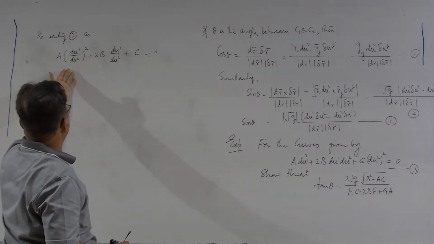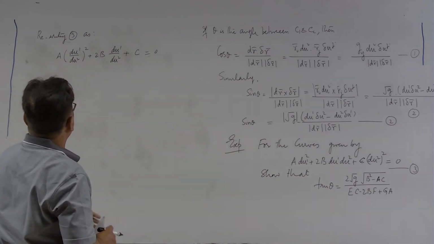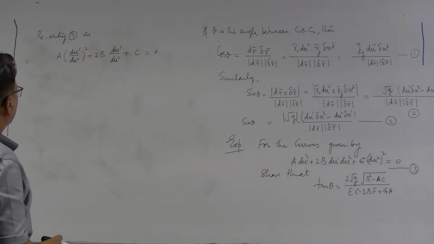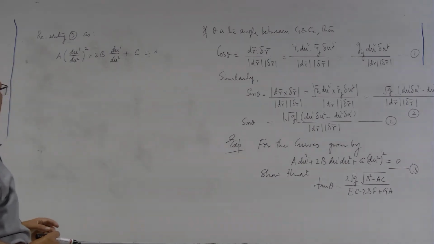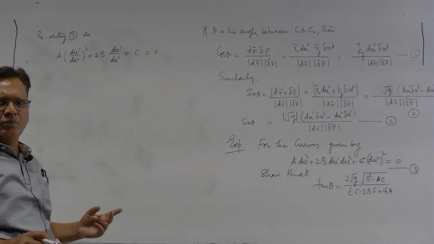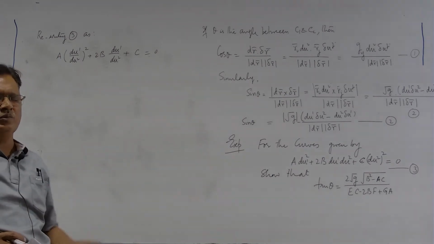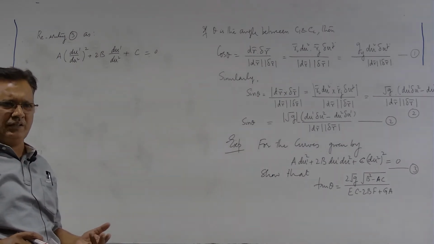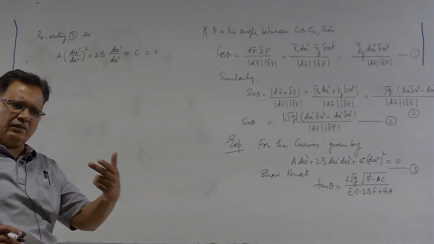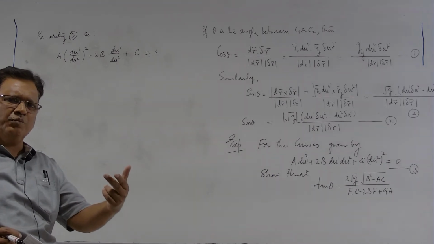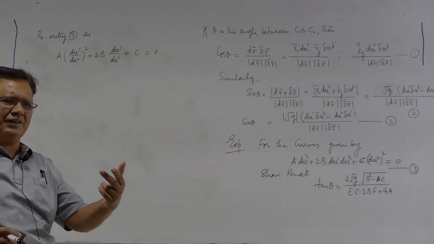Now, if I look at this equation as a quadratic equation, then this quadratic equation will have two roots, du1 upon du2 and the other you may call delta u1 upon delta u2. So, they will correspond to the slope of the two families of curves.